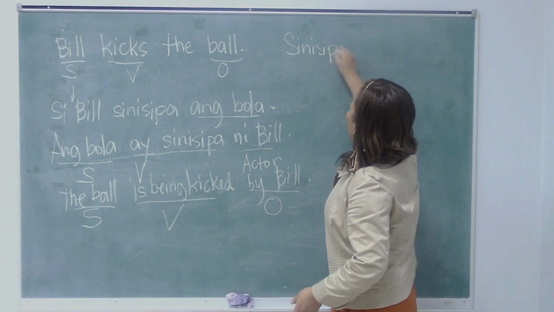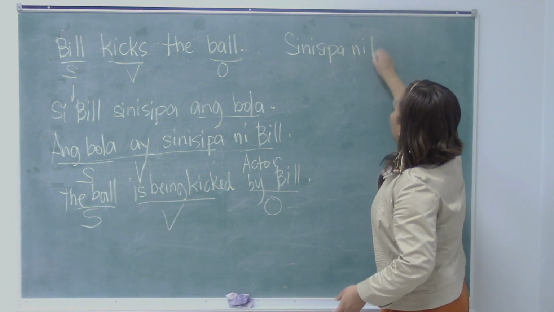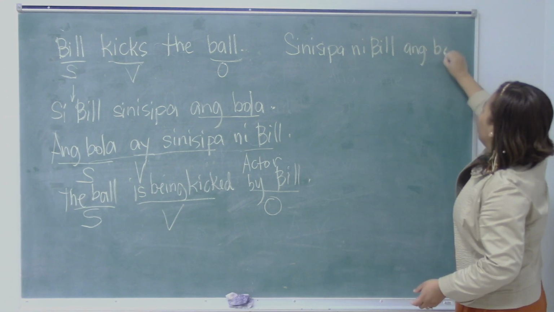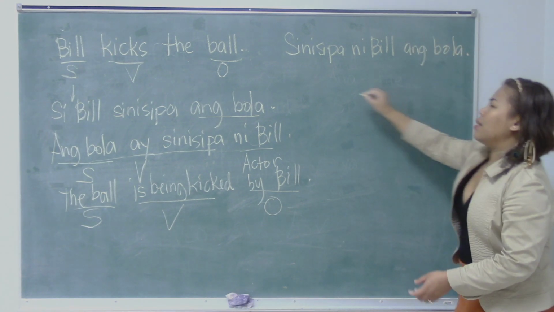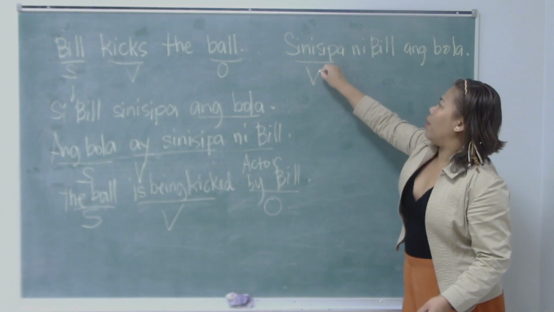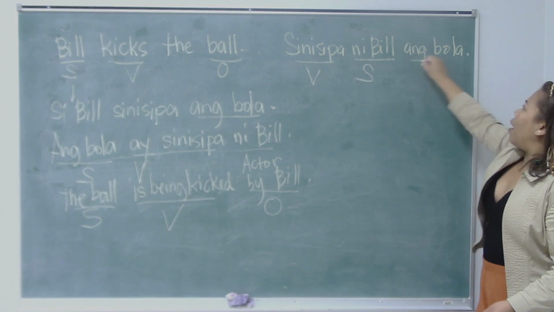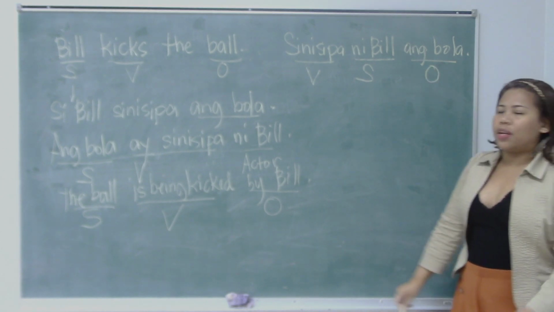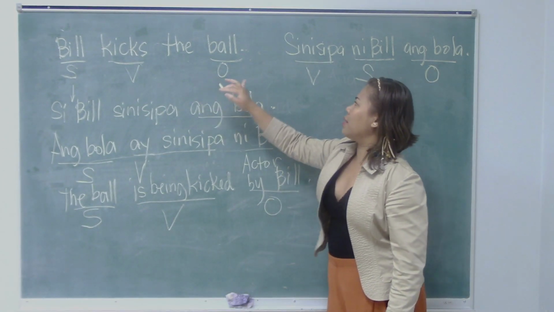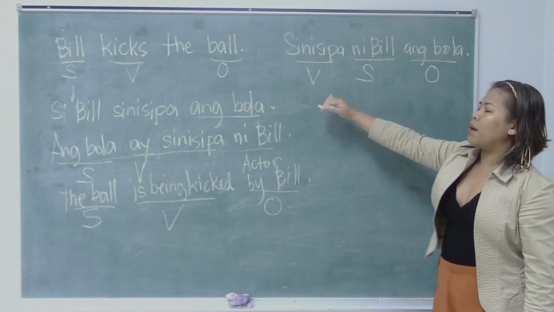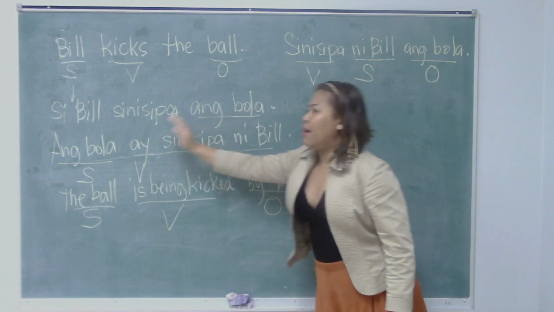Sinisipa ni Bill ang bola. See? Sinisipa is the verb. Bill is your subject. Ang bola is your object. So, from Bill kicks the ball, it will become sinisipa ni Bill ang bola. It becomes VSO.